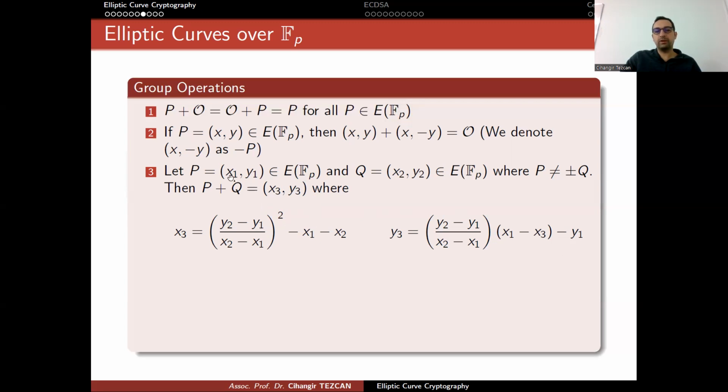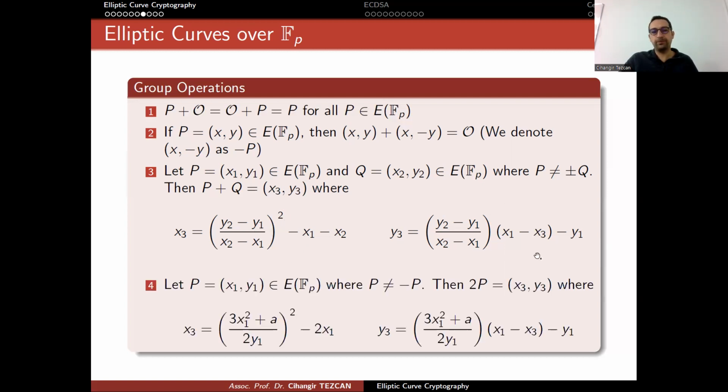Using the coordinates of P and Q, you can obtain the coordinates of P plus Q with these operations. Depending on the field you are working on, these are field operations. As you can see, to add two points, a single group operation, you have to do some subtractions, divisions, squaring and so on.